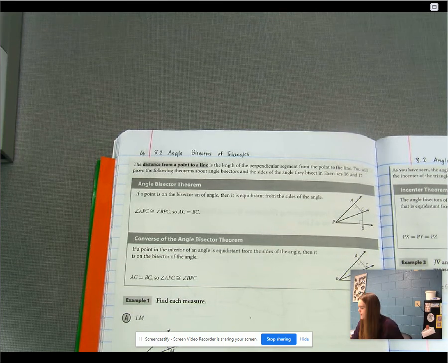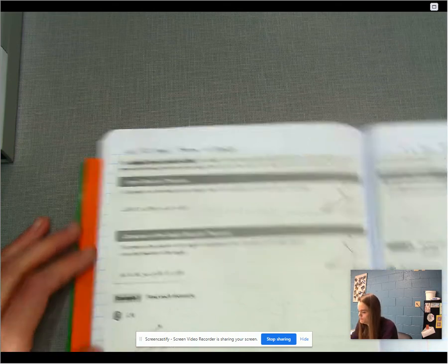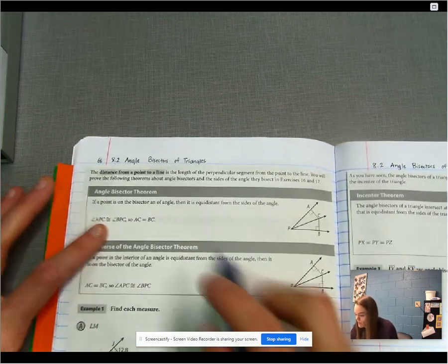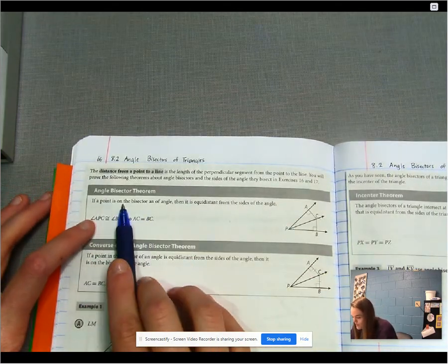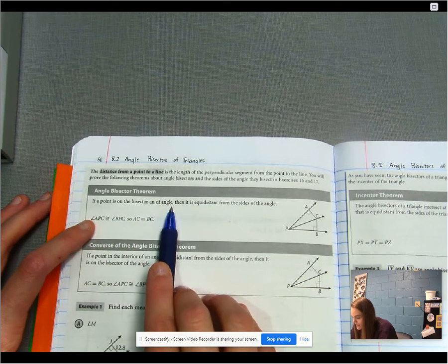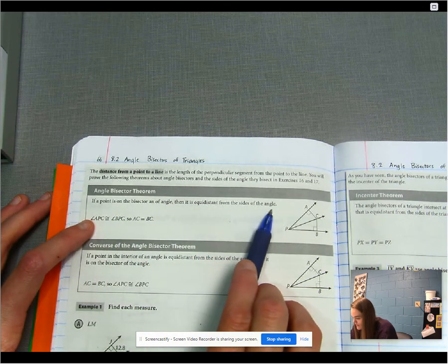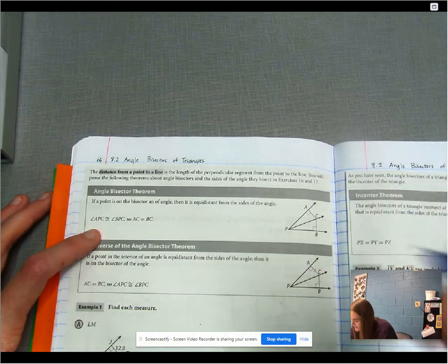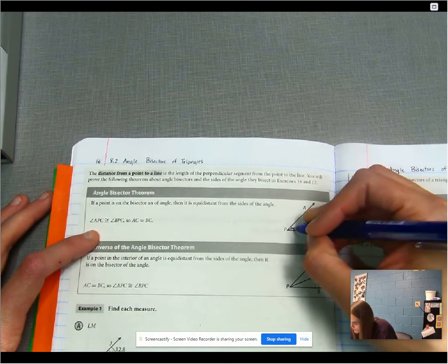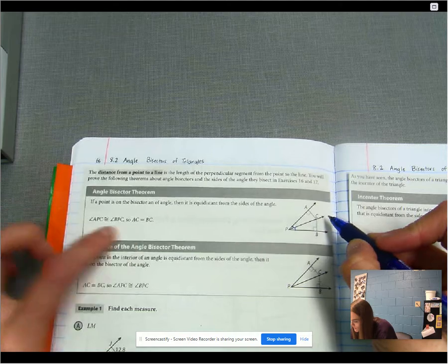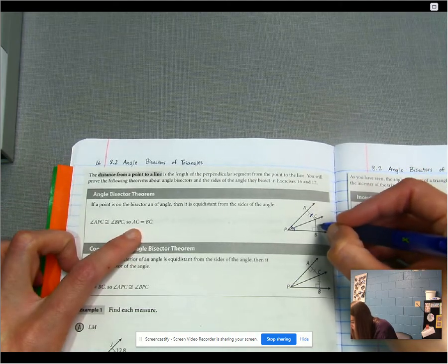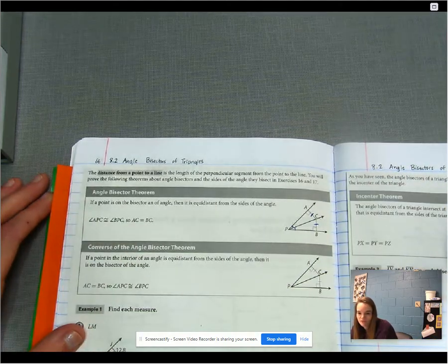Not today, but later. You will prove that. The angle bisector theorem says if a point is on the bisector of an angle, then it is equidistant from the sides of the angle. Meaning, if this is congruent to this, because this is the angle bisector, this AC is congruent to BC. That's what it's telling you.